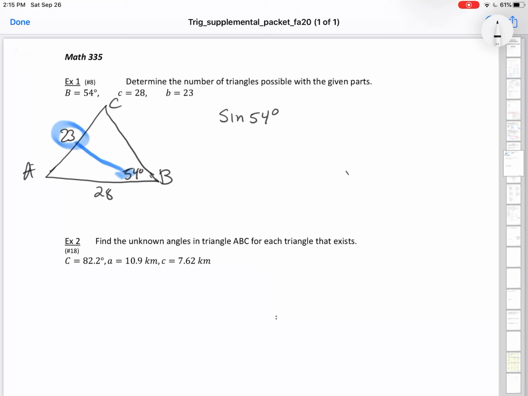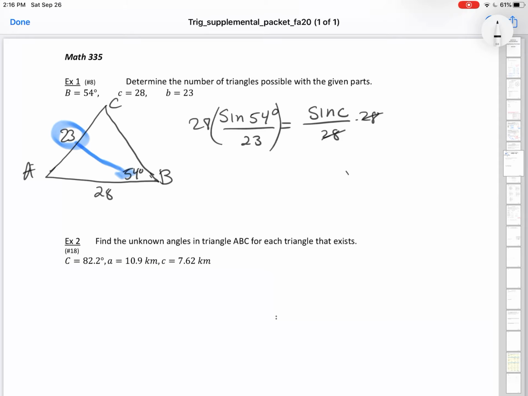Sine of 54 degrees all over 23 needs to be equal to, and the right angle to get next is C, because we know the side opposite it, 28. So we know what to do. We're going to multiply both sides by 28 because we're algebra masters.